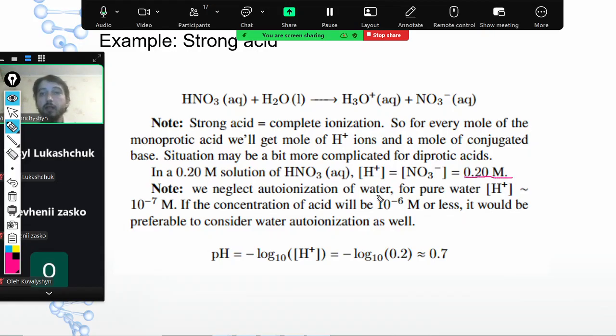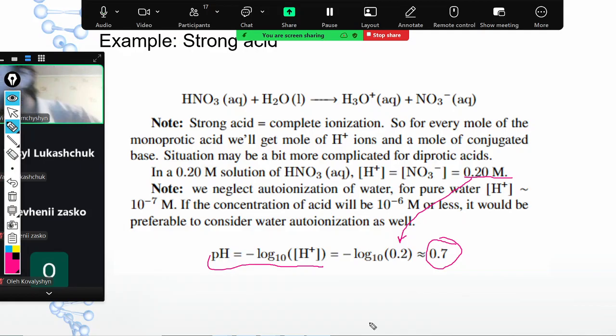I can plug this number into the definition of the pH, and I get the result. Okay, so does everyone understand what happened? Okay, so no questions.